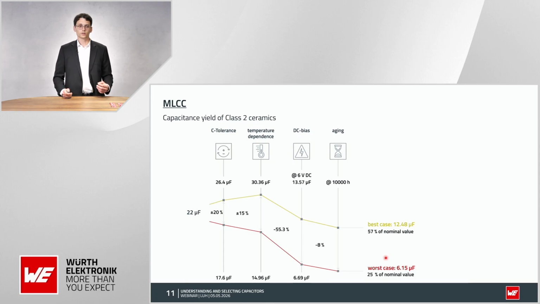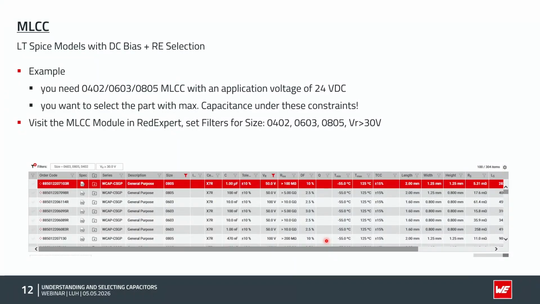But what can you do in order to select the right part for your application regarding these capacitance drops for class 2 ceramics? One good way is to use RedExpert in this case. So I just created an example here.